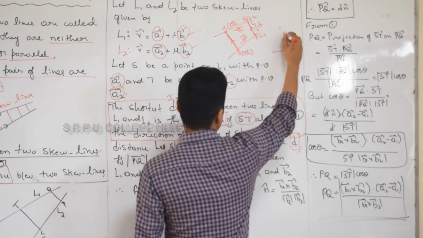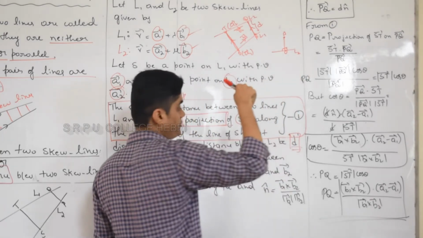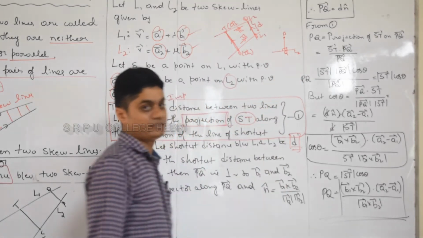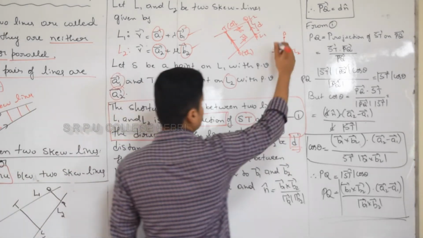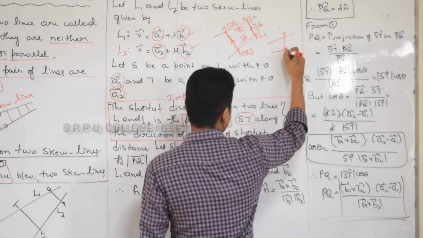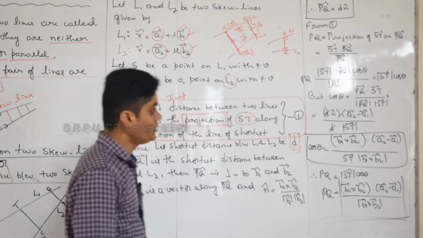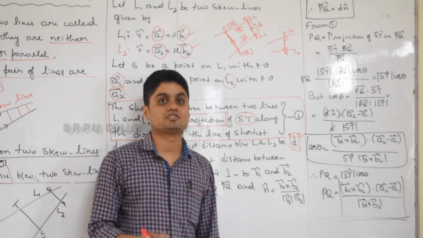Suppose this is P on line L2, so PQ must make a 90 degree angle with L2, otherwise it will not be called a distance. Similarly, at Q on the line L1, it must be 90 degrees. So definitely the length PQ will be perpendicular to the two vectors B1 and B2.